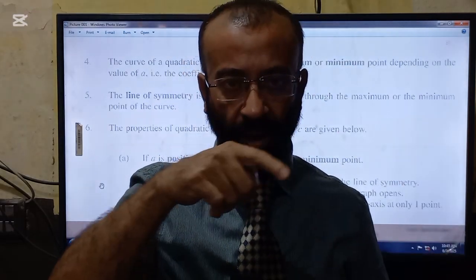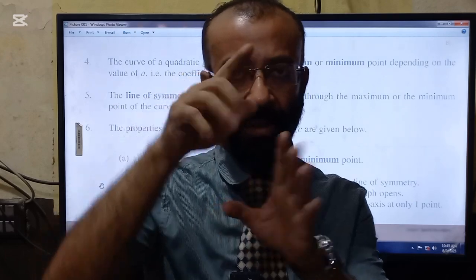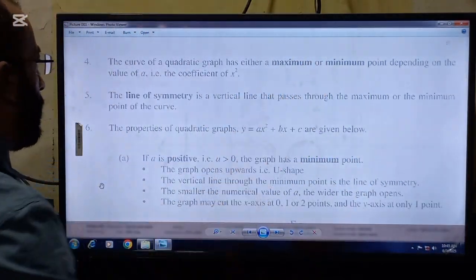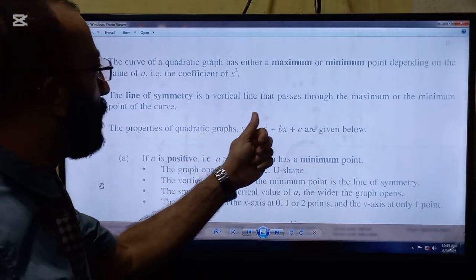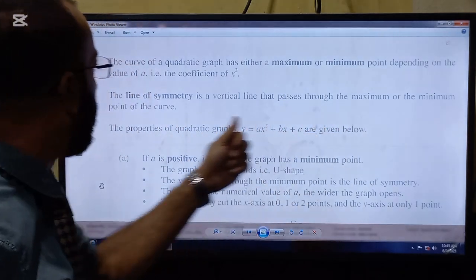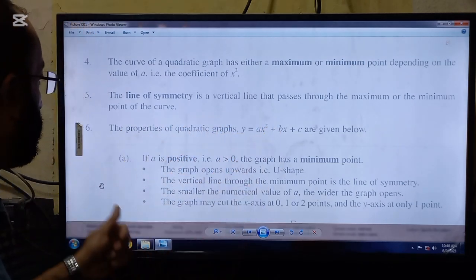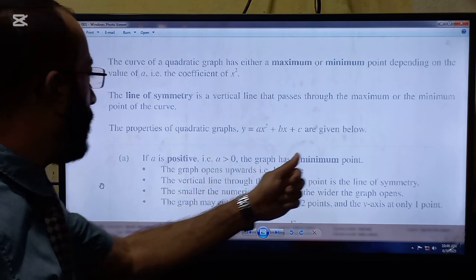And if the graph is of the form like this, the least point will be called the minimum point. The line of the symmetry is a vertical line that passes through the maximum or the minimum point of the curve. Very important point.